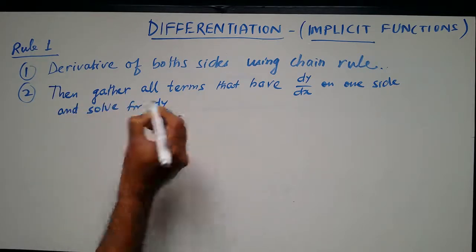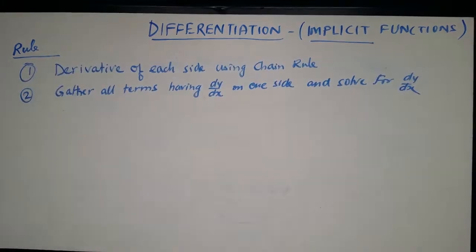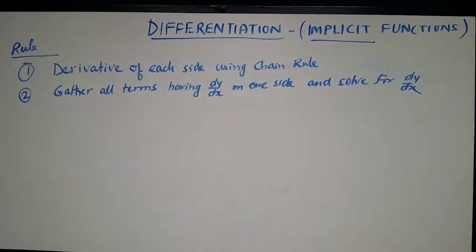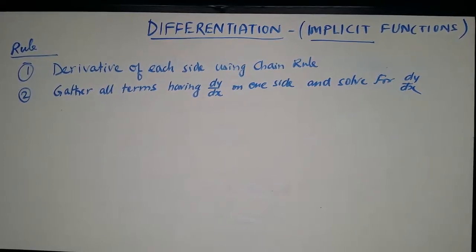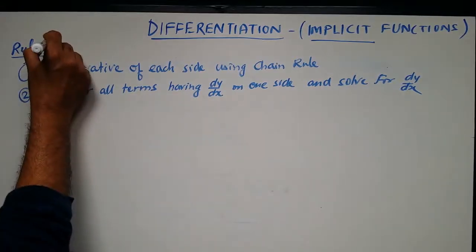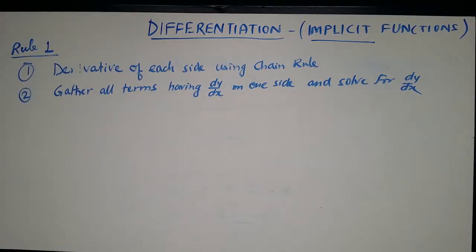Let's see how to do this. This is rule number 1 for finding the derivative of implicit functions.